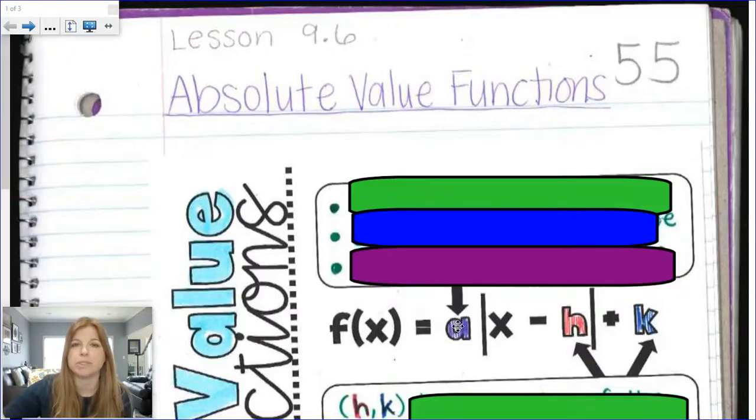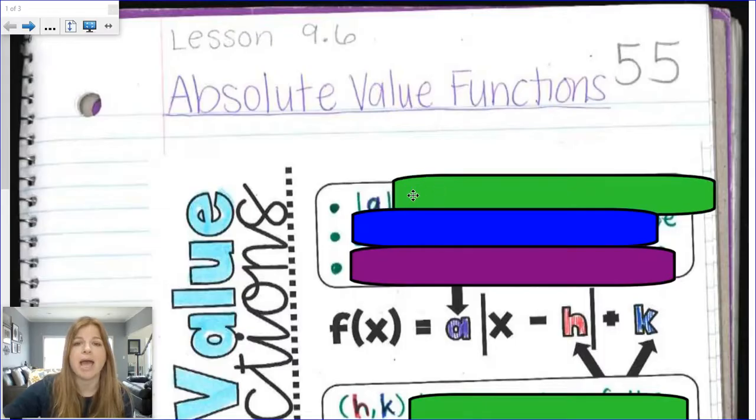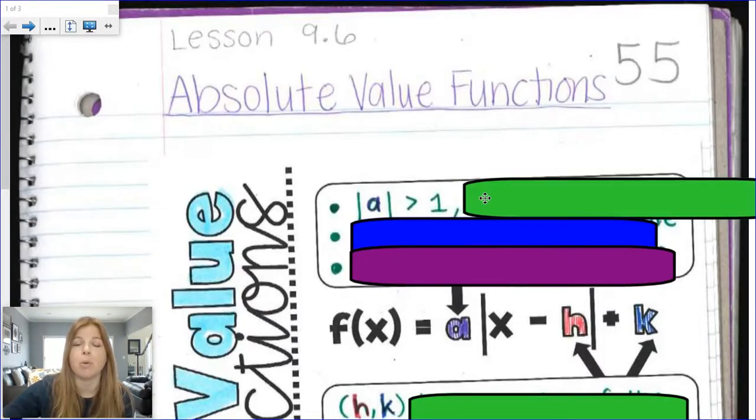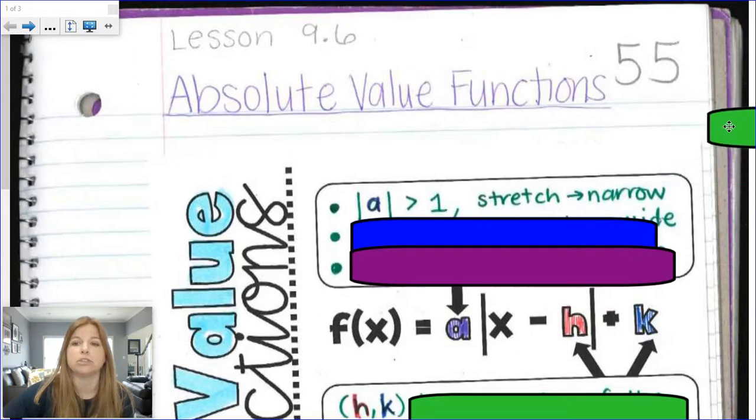This letter A represents a number, and if the absolute value of that number is greater than 1, so it's not a number less than 1, it's not a fraction like 1/2, it's more like 2 or 3 or even -3, any value that you could take the absolute value of and make it greater than 1, that's going to cause our function to stretch.